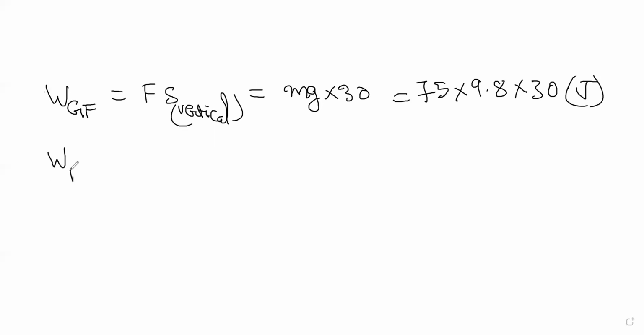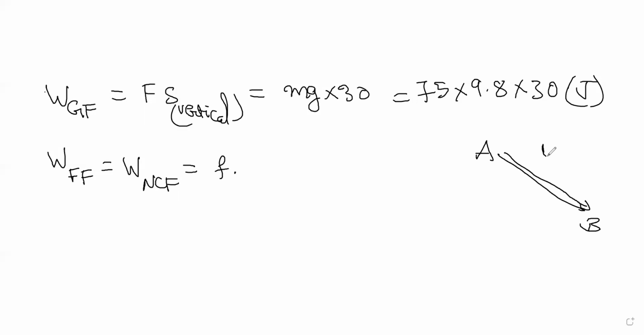And now the frictional force we have to see. Frictional force is the non-conservative force. So we know that the frictional force is F. And what is the displacement? Friction is acting along this incline from A to B. This incline is at a distance of 42 meters, so it is F into 42.